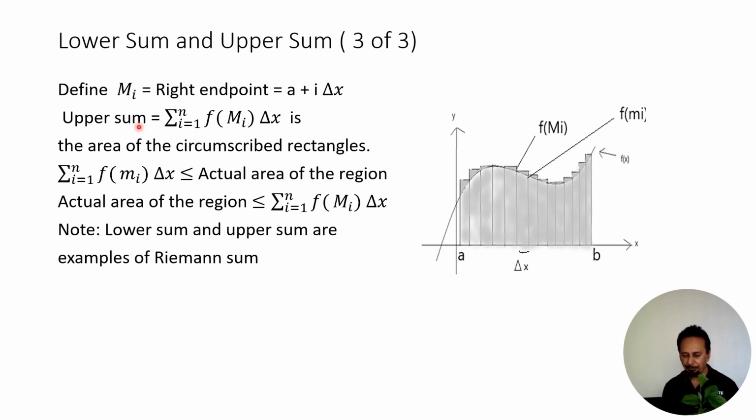So that's the upper sum, which is basically the area of circumscribed rectangles. So clearly you can see that if you use this formula to calculate the area, that would be more than the actual area. So the lower sum is less than the actual area. The upper sum formula gives you more area than the actual area.